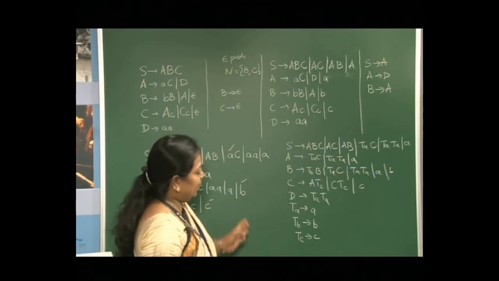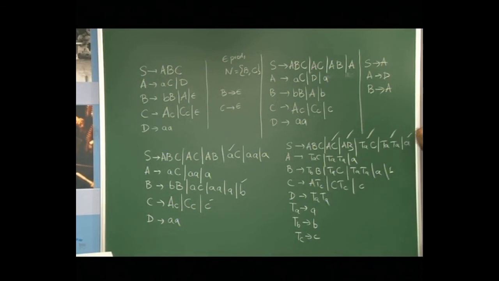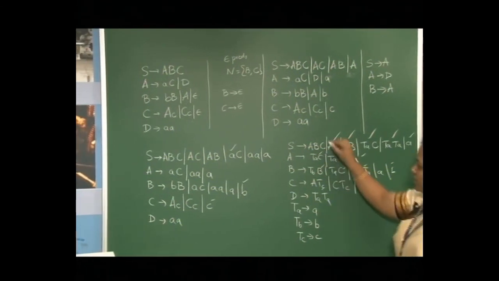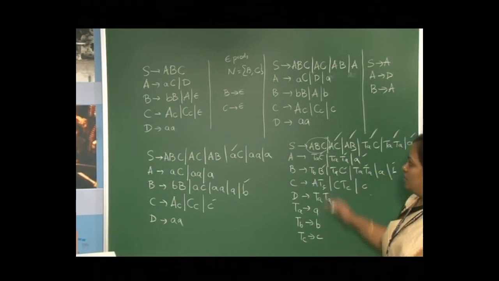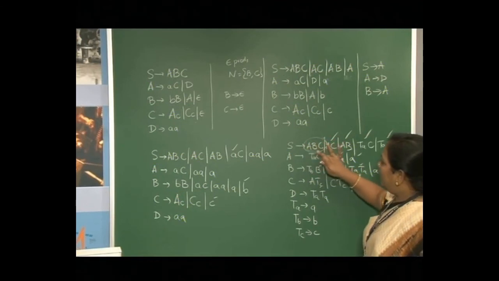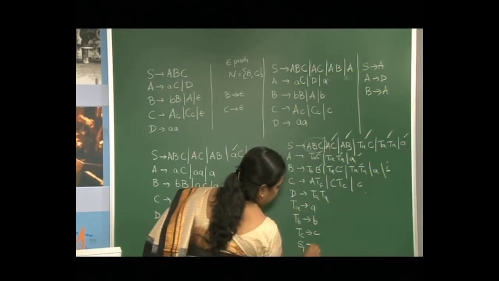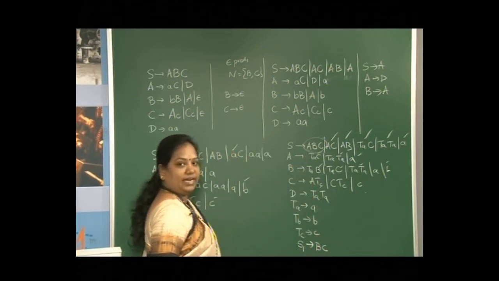Now if you see, S tends to AC, AB, TAC, TATA. All these productions are already in CNF form. The only production which is not in CNF form is S tends to ABC, which is of length more than 2. So what to do? I will replace this rule here only. I will take a new non-terminal, S1 tends to BC.